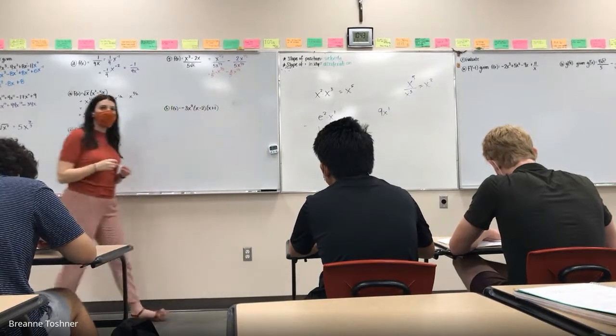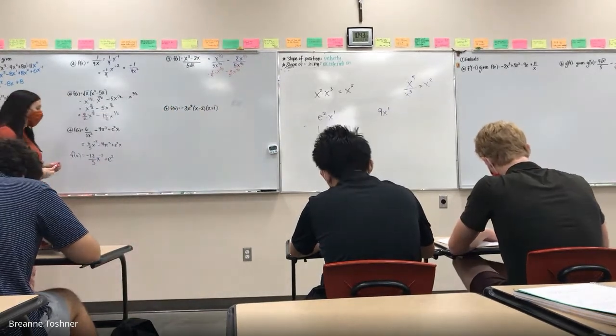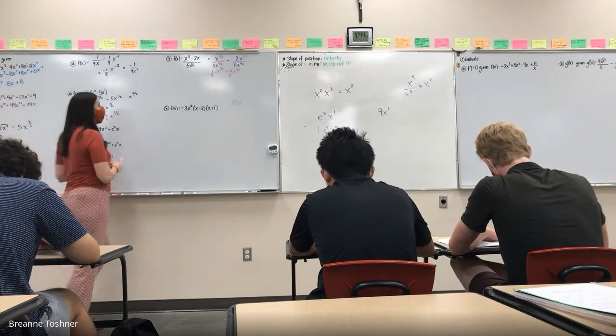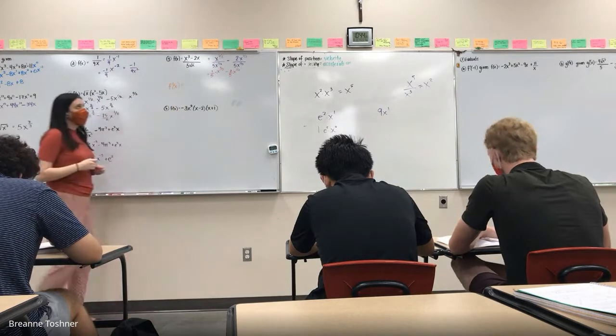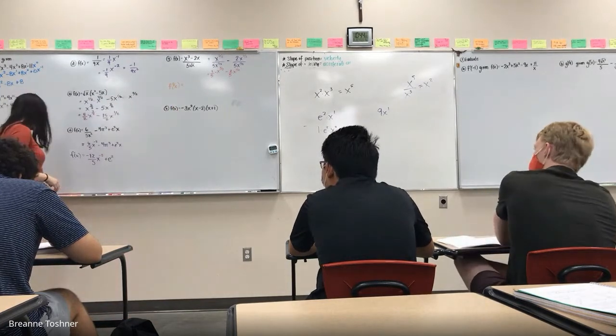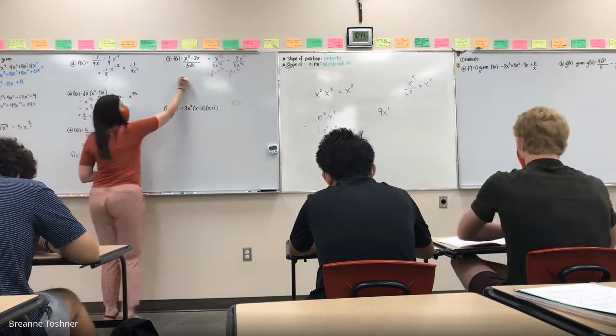I still have not taken the derivative. Okay, so we need to take the derivative from here. That would be f prime of x. What do we get for f prime of x?